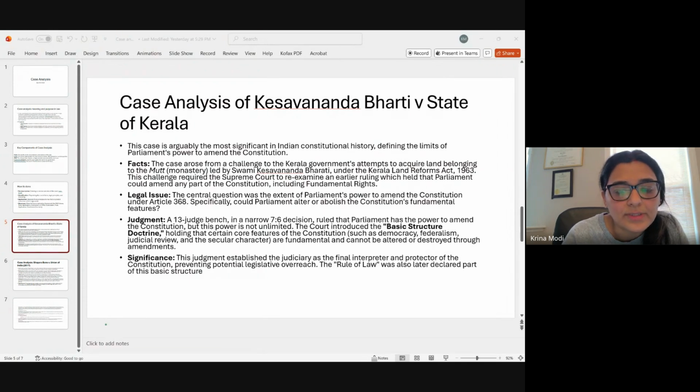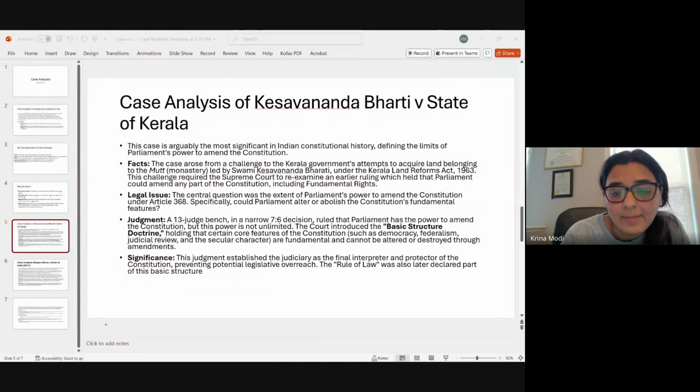The judgment was given by a 13-judge bench in a narrow 7-6 decision. It ruled that Parliament has the power to amend the Constitution, but this power is not unlimited. The court introduced the basic structure doctrine, holding that certain core features of the Constitution, such as democracy, federalism, judicial review, and secular character, are fundamental and cannot be altered or destroyed through amendments.